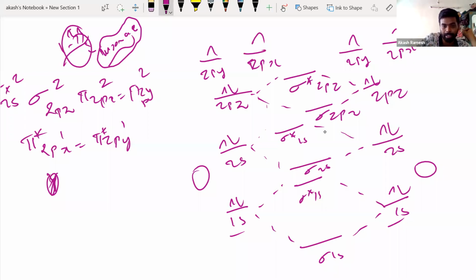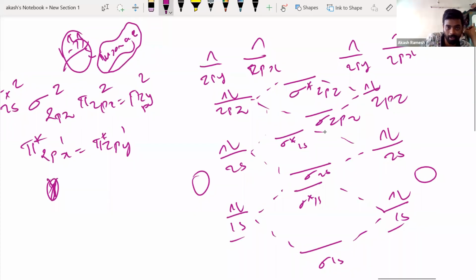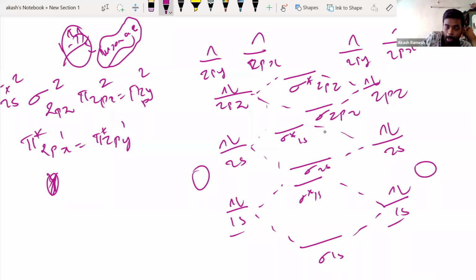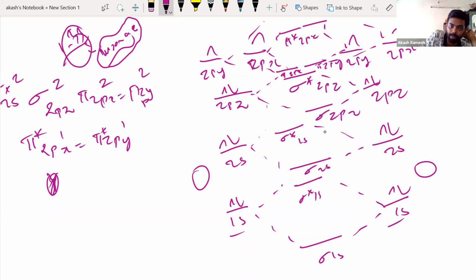Now px and py: two orbitals form, pi 2px and pi 2py. Same way, the upper ones form pi star 2px and pi star 2py. I don't have space, but you can draw it legibly.